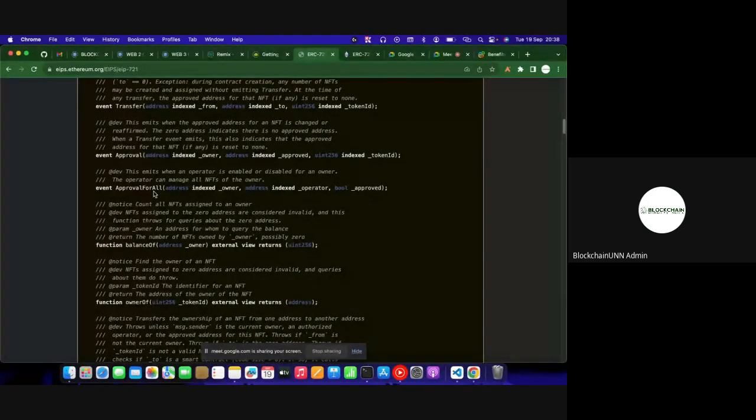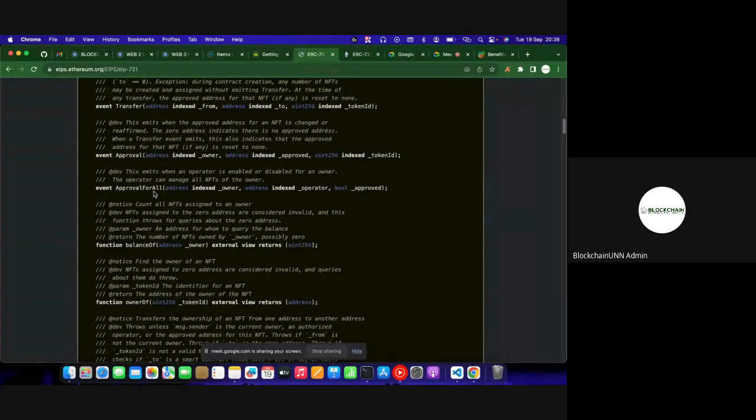When you have an NFT collection, you want to give the marketplace contract the ability to sell your NFTs, right? So when a user tries to buy your NFT and sends money to you, the NFT marketplace contract tries to transfer that particular NFT from your account to that user's account.